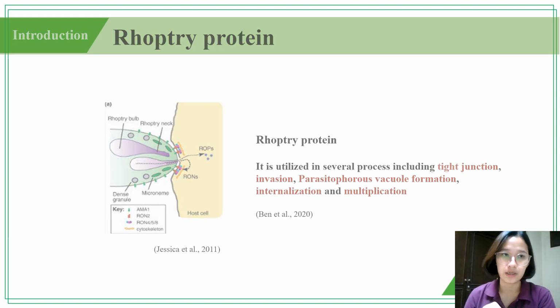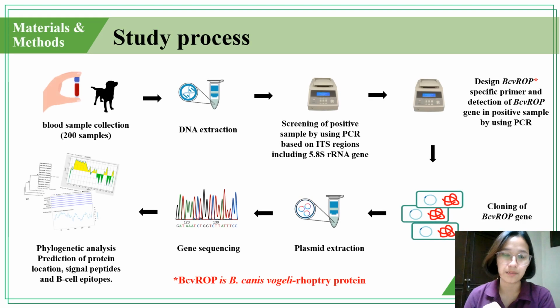For the materials and methods, in this study, the blood samples were obtained from cooperating animal hospitals or clinics, and then we did DNA extraction and screened the positive samples. After that, we designed the specific primer to detect the B. canis vogeli rhoptry protein gene.